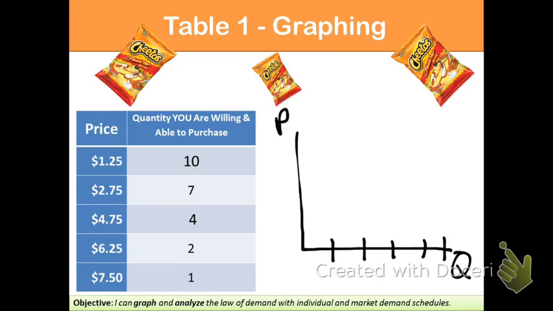I'm just going to put a few for examples, and our price points would be here as well. We might say $2, $4, $6, and $8. And this might be 2, 4, 6, 8, 10 bags of chips.